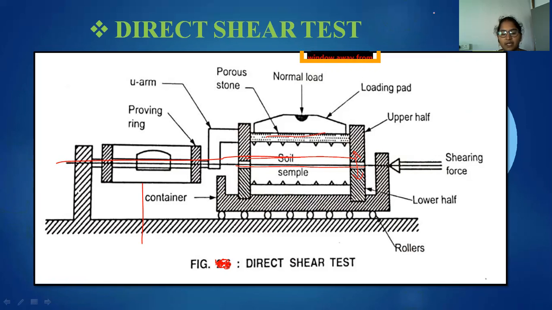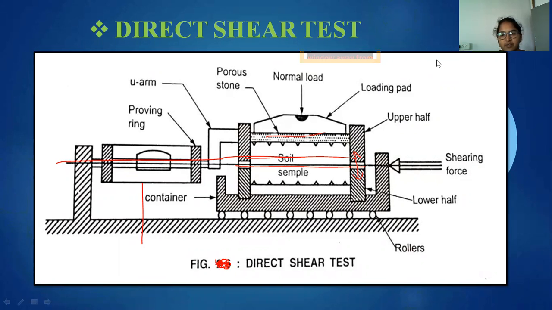Two types of application of shear are possible: one in which shear stress is controlled, and another in which shear strain is controlled. Generally, shear is applied at a constant rate of strain. Also the graph is drawn between normal stress and shear stress.